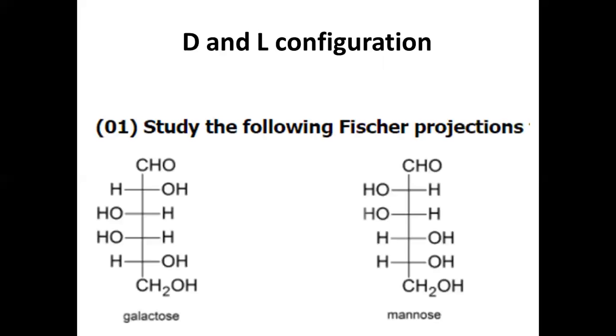Okay. The D and L configuration. So look at this structure. Mannose is a hexose sugar. It has 6 carbons. So is galactose. So look at this structure now.